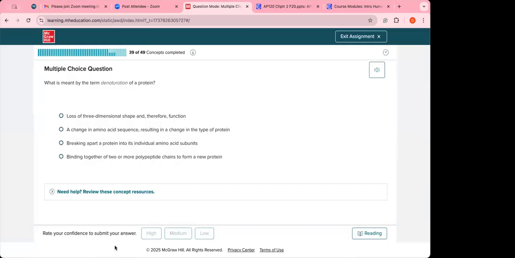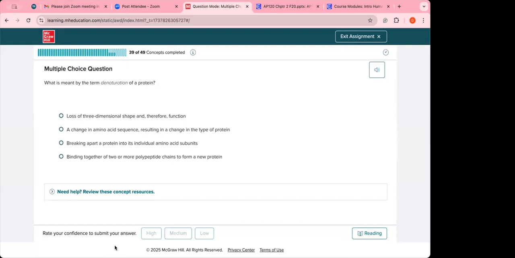Next question. What is meant by the term denaturation of a protein? Loss of three-dimensional shape and therefore function, a change in the amino acid sequence, breaking apart a protein into its amino acid subunits, or binding together of polypeptide chains?